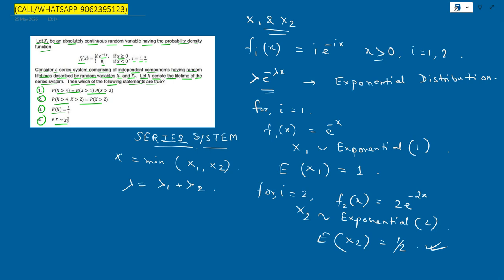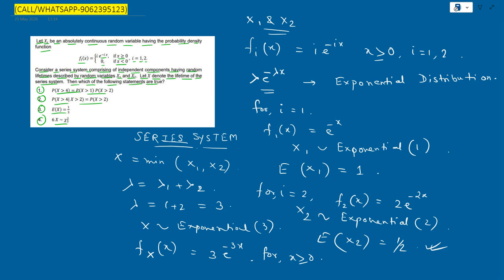Here, lambda is 1 plus 2, which is 3. Therefore, X is exponential with rate 3, with density 3e^(-3x) for x greater than or equal to 0.